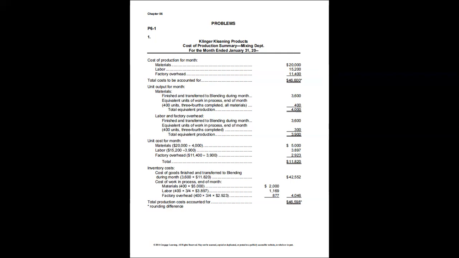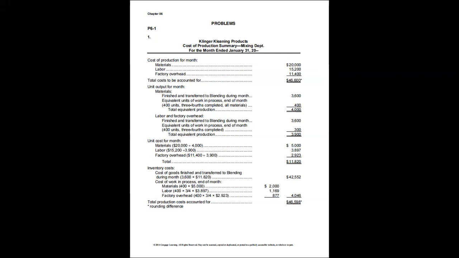So for the unit cost for the month, we have the material total cost divided by the equivalent production for materials. Then you have labor and factory overhead. The total cost per unit is 11.82. Now, the total cost to be accounted for is 46,600. That should equal the total cost accounted for.